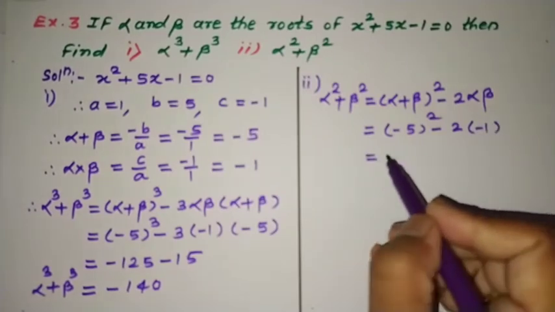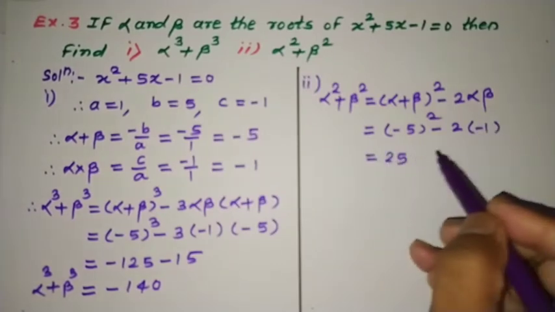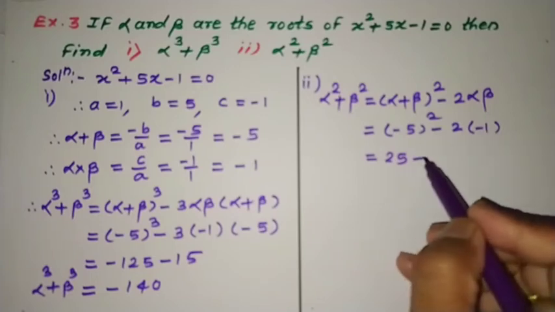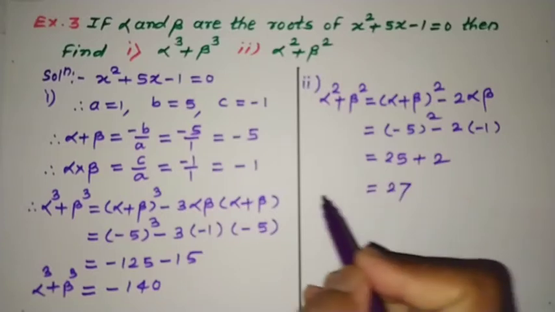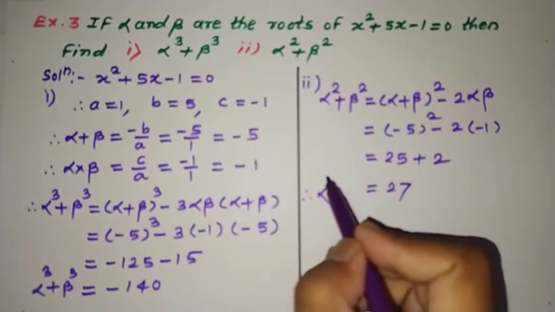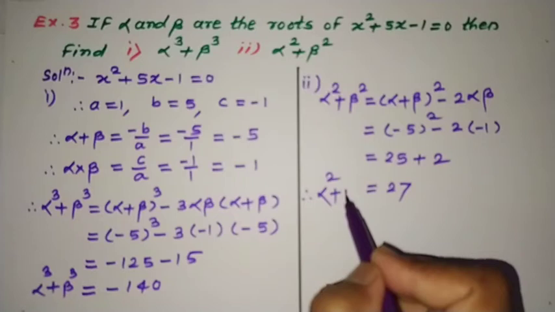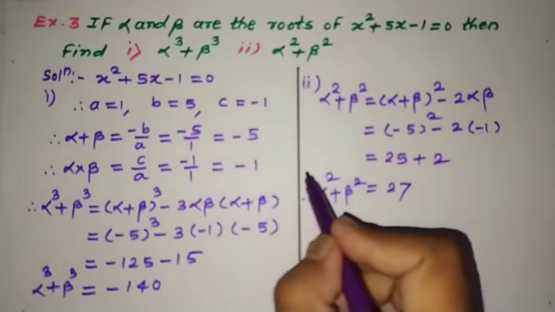Square of minus 5 is 25, minus minus is plus, 2, so it is equal to 27. Therefore, the value of alpha square plus beta square is equal to 27.